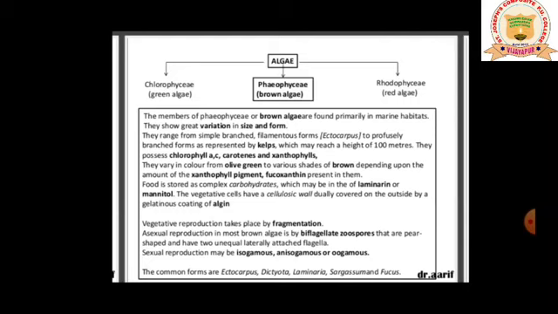The cell wall is made up of cellulose and algin, and they contain two unequal flagella which are present laterally. Their habitat is fresh water, salt water, brackish water.